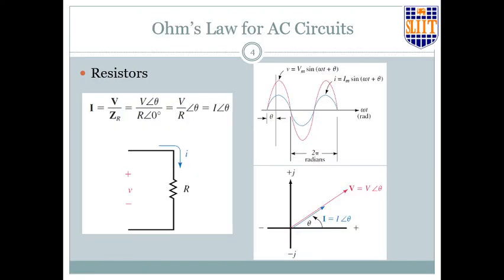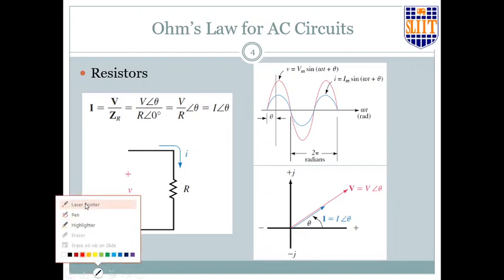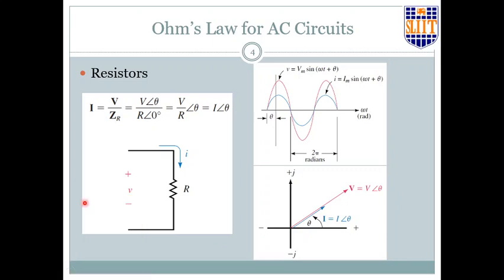Let's look at now Ohm's law. Previously with DC we had this Ohm's law relationship: V is equal to IR, or I is equal to V over R. Now instead of R, in the case of AC we will have Z, the impedance.